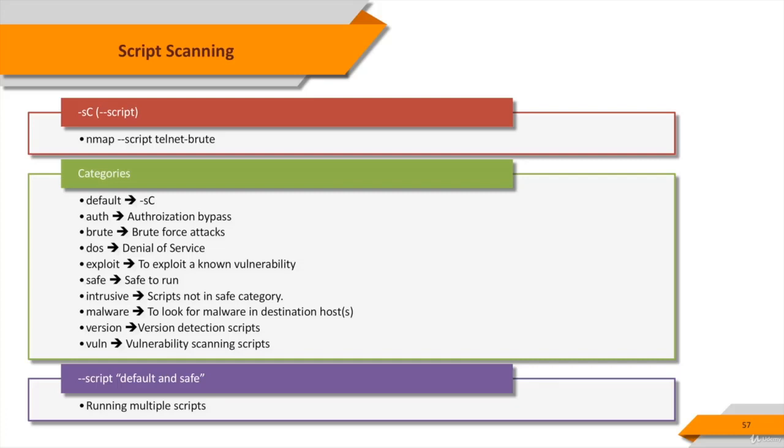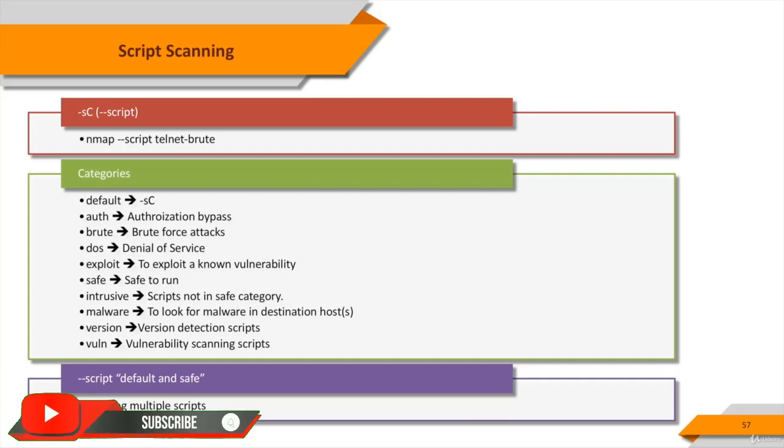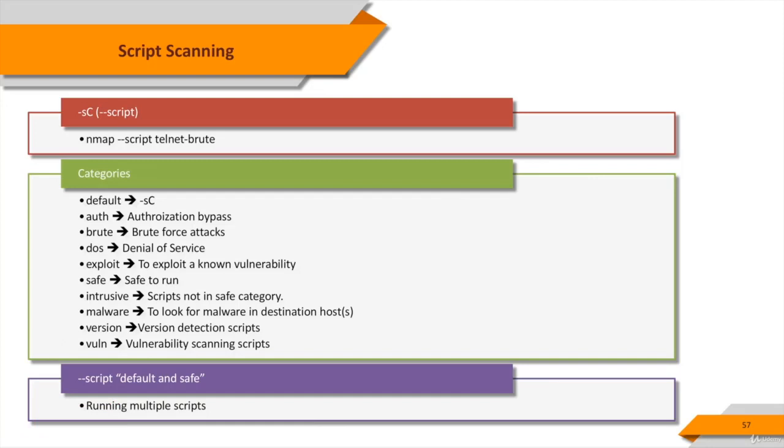Examples include oracle-enum-users. Brute scripts use brute force attacks to guess authentication credentials of a remote server. Nmap contains scripts for brute forcing dozens of protocols, including http-brute, oracle-brute, snmp-brute, etc.